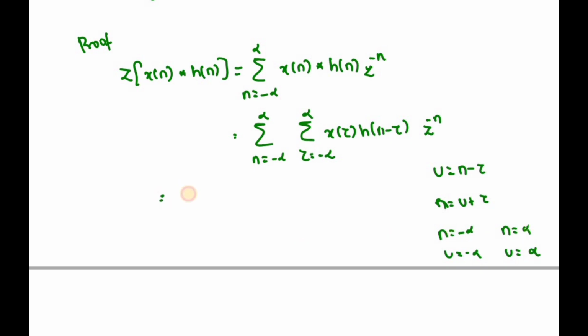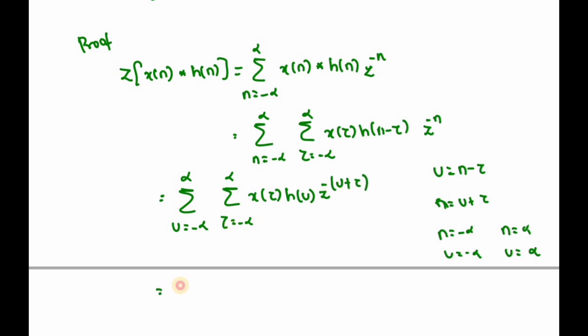So instead of n, I'm going to substitute the u value, that is from minus infinity to infinity. Then summation tau is equal to minus infinity to infinity x of tau h of, instead of n minus tau, I'm going to substitute u, z power minus, instead of n, I'm going to substitute u plus tau.